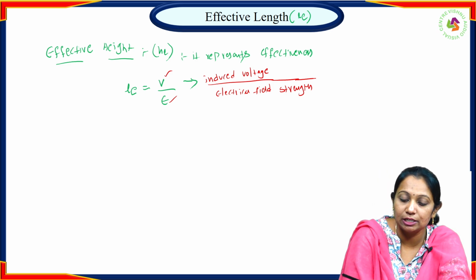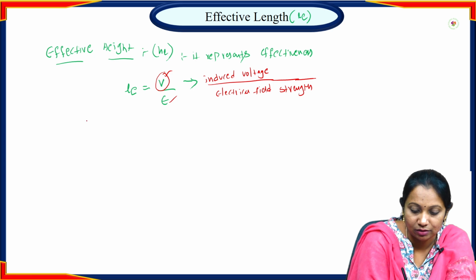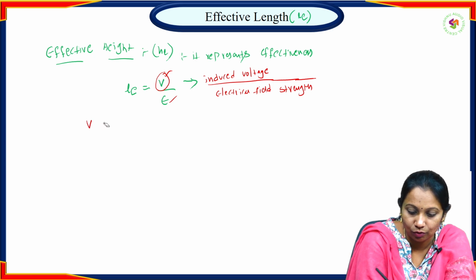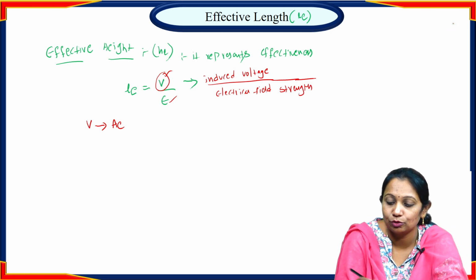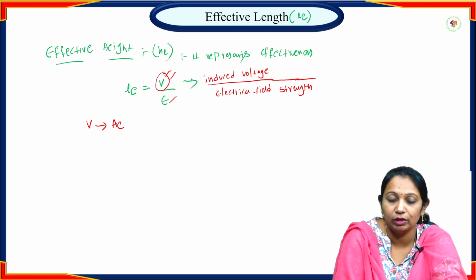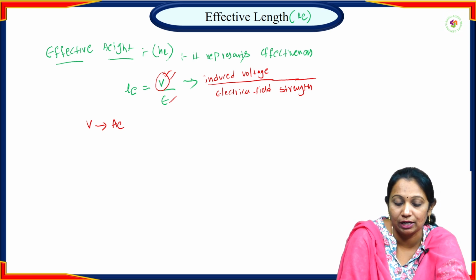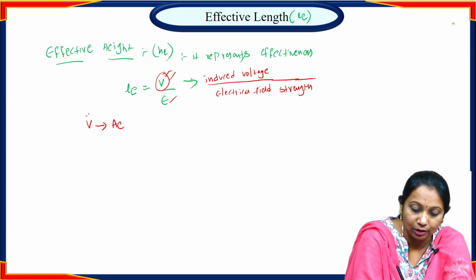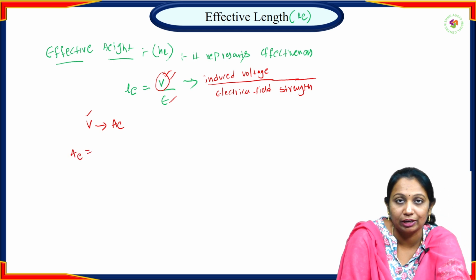In this, the induced voltage V is associated with the effective area. We already derived the expression for AE, so to get V we can take it from the effective area. To calculate V, I'll consider the expression of AE.